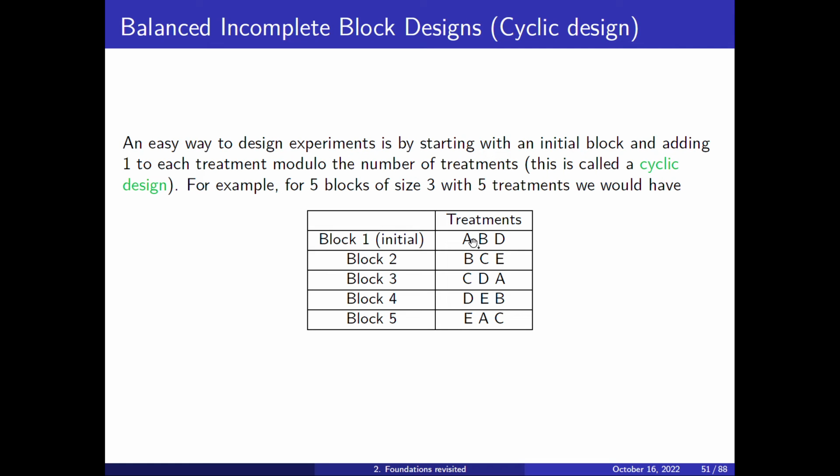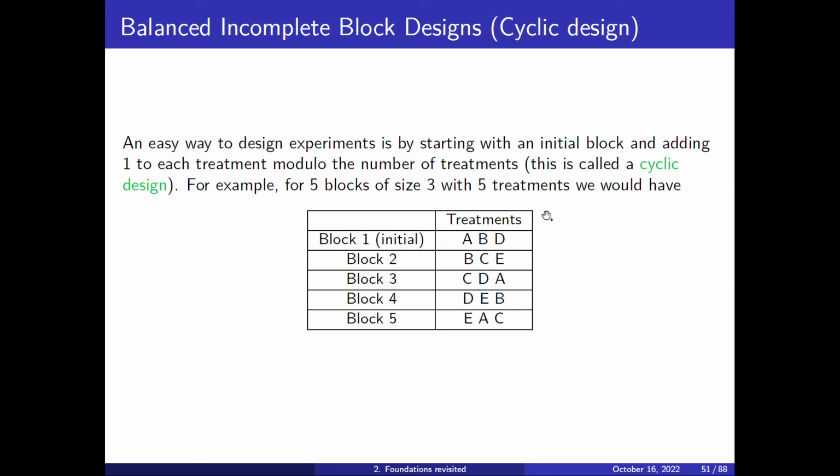So we shift by 1, so A becomes B, B becomes C, D becomes E. And now we shift again by 1, so B becomes C, C becomes D, E, that is the last one, becomes the first one, so becomes A. And now you keep shifting, so C is D, D is E, A becomes B, and so on.